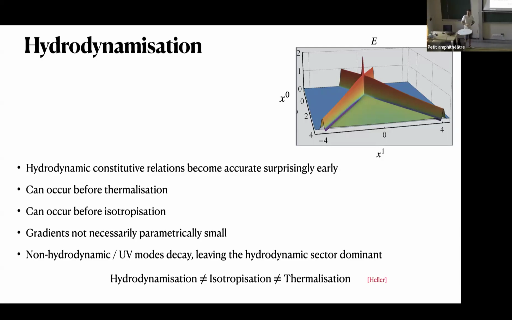I guess what confuses me is how do I distinguish between a system in a state where I have local equilibrium over small patches everywhere, and this earlier state where somehow the hydrodynamic constitutive relations appear to give a good approximation to the stress tensor.